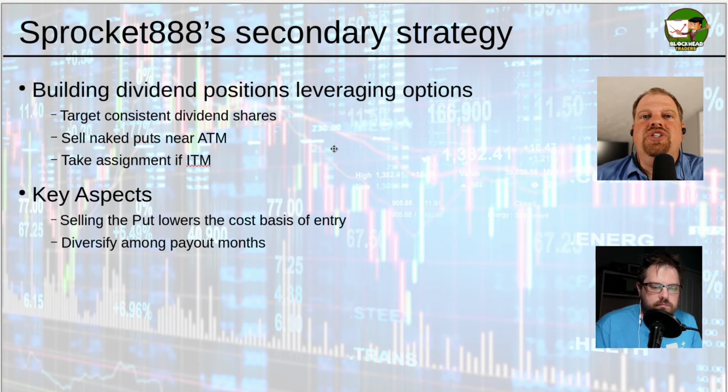What I do here is I map out different stocks that pay a dividend, and I'm looking for a medium dividend yield. I don't look for super high yields, and I don't look for super low yields.